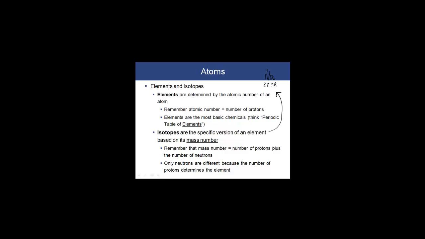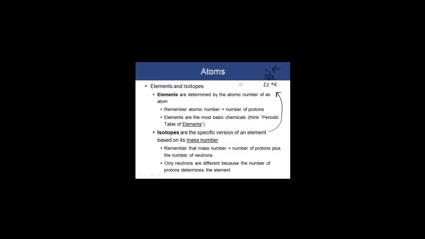The atomic mass represents the number of protons plus the number of neutrons. How many protons does sodium have? It has 11. We are told directly by the atomic number. So we have 11 protons, and obviously this atomic mass is suggesting that we have extra neutrons.